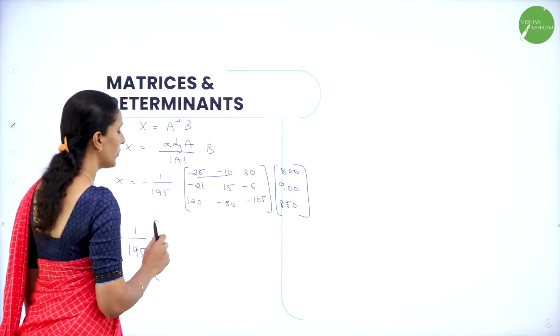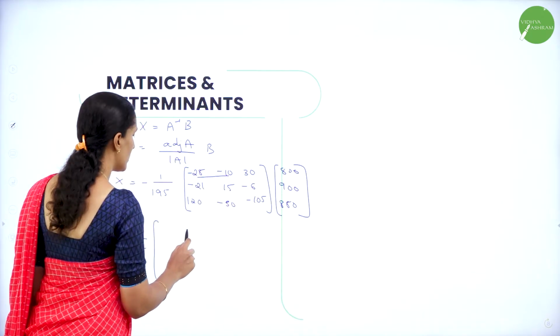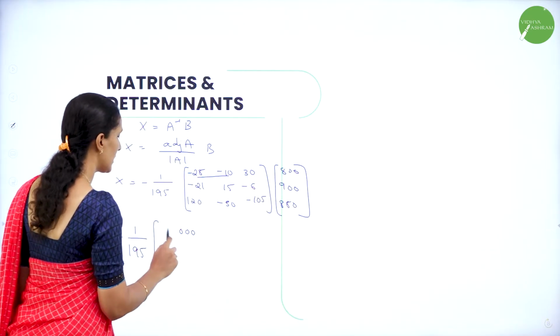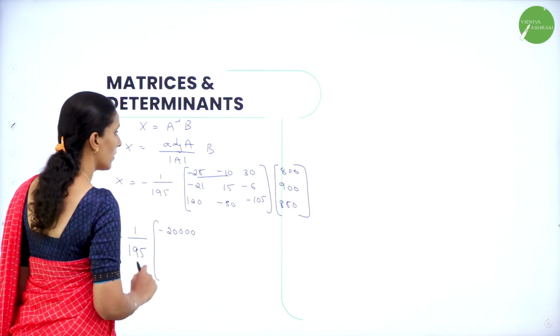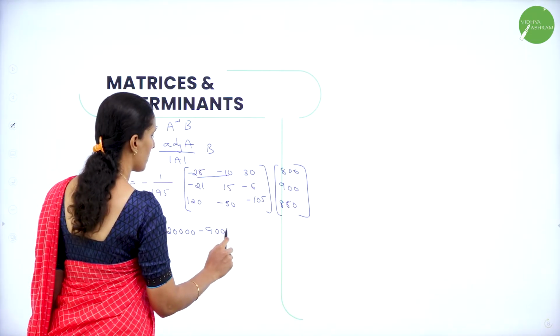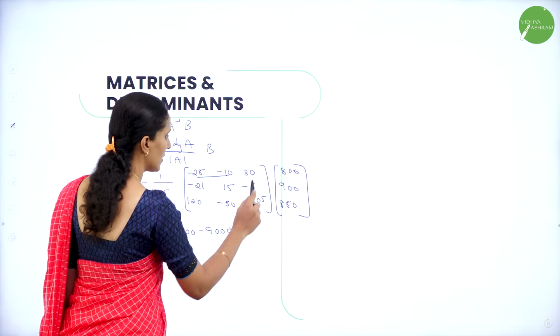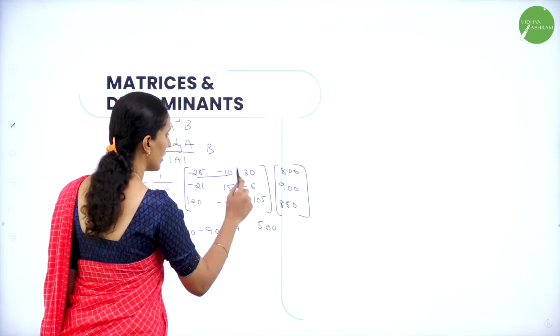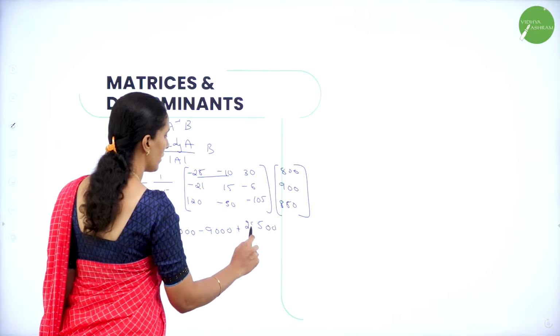Minus 25 into 800. So we have 0, 0, 8 5s are 40, 8 2s are 16, 20. So next we have minus 9,000. Next we have plus 0, 0, 5 3s are 15, 1 carry, 8 3s are 24, 25.